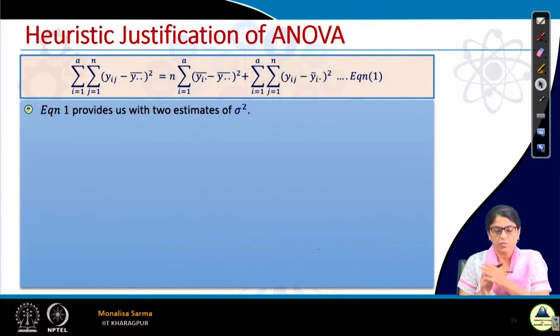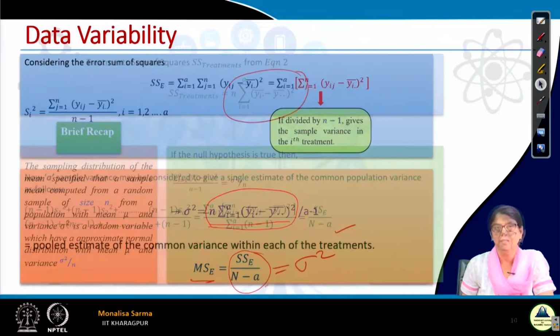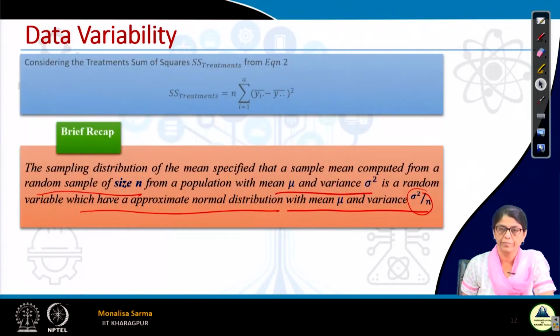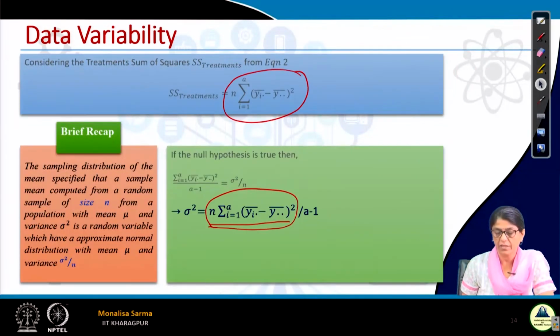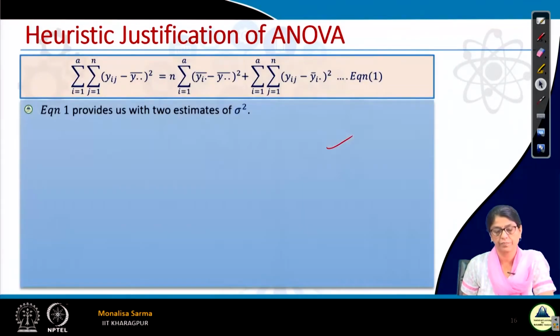So equation 1 provides us with two estimates of sigma square. One based on the inherent variability within the treatment, that is the MSE we saw, SSE divided by n minus A. So that is one variance estimate we got. Another variance estimate I got is SS treatment divided by A minus 1.